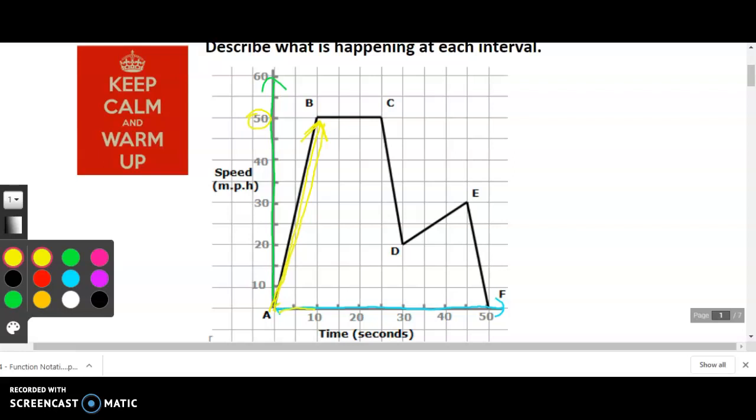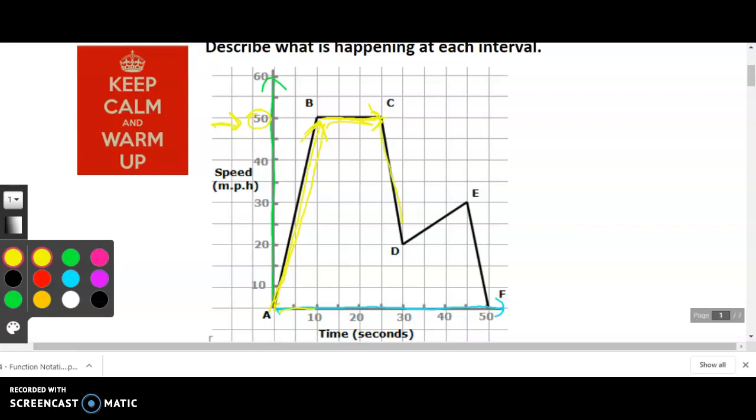It's going from 0 to 50 miles per hour in 10 seconds. Now, from B to C, it's not that the car is not moving, even though it's flat, it's staying at 50 miles per hour. So from B to C, the car is moving at a constant rate of 50 miles per hour.